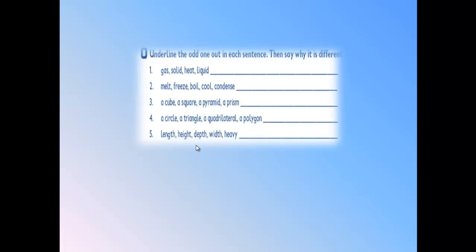The odd word here is heavy. Heavy is an adjective here, and it doesn't relate to dimensions. Length, height, depth, width relate to dimensions, whereas heavy doesn't relate to dimensions.